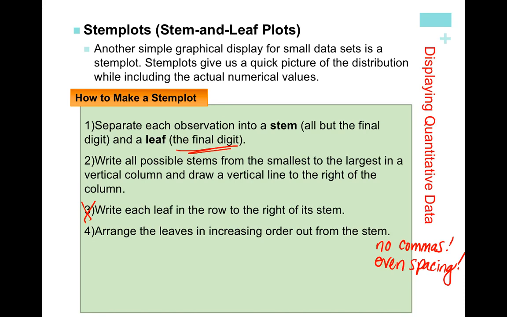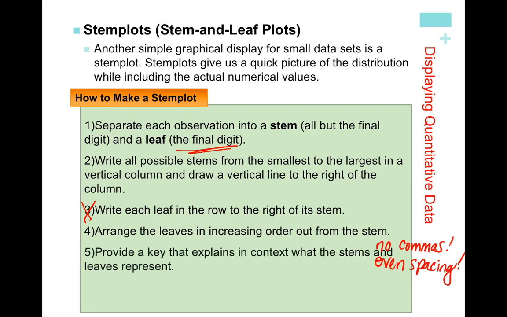You want to make sure that visually you get an impact when you look at the stem and leaf plot in terms of kind of which rows take up the most and least space. And then one thing that tends to be forgotten is that you always need a key that shows what the stem and leaves represent. And you'll see an example here in a minute, and I'll talk about why that's important.